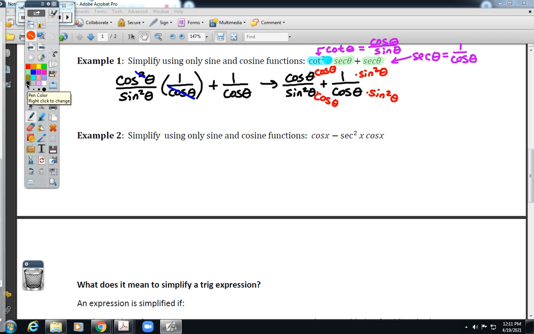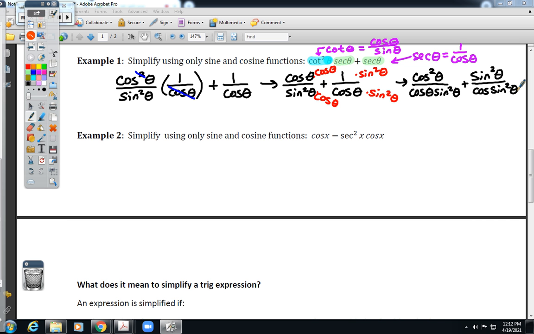Which gives us cosine squared over cosine sine squared plus sine squared over cosine sine squared, which does have a common denominator.